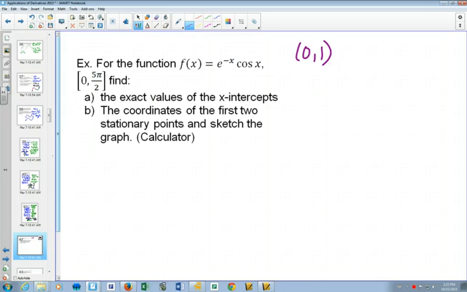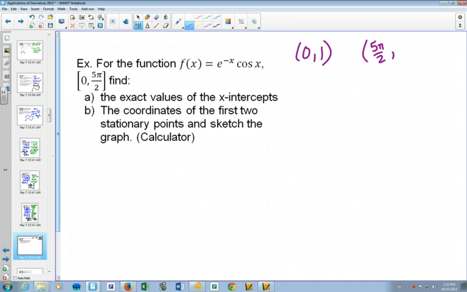What's going to happen when you plug in 5 pi over 2? Who right now is trying to do e to the power of 5 pi over 2 in their head? Anybody? E to the negative 5 pi over 2?